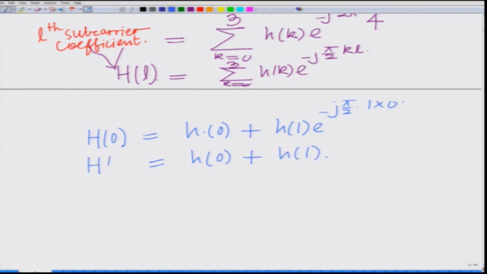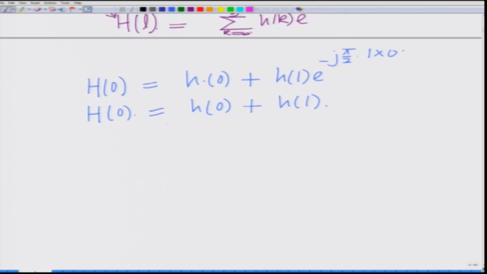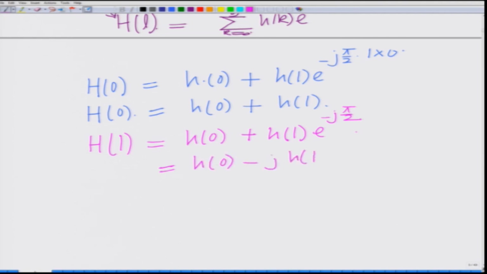So, you have capital H0 equals h0 plus h1. Similarly, capital H1 is h0 plus h1 e power minus j pi by 2, which is equal to h0 minus j times h1.